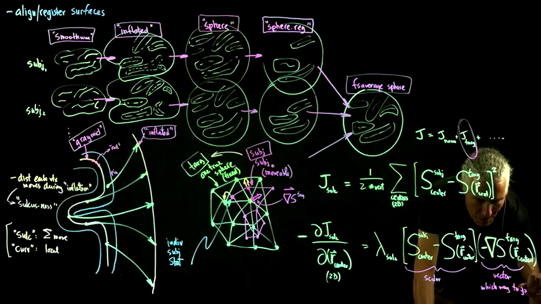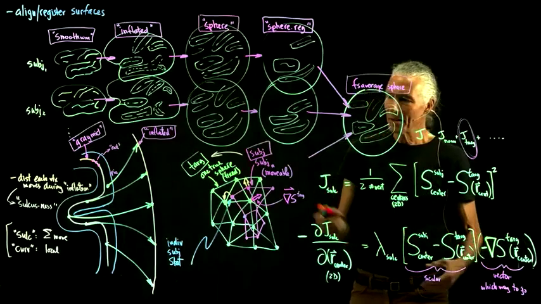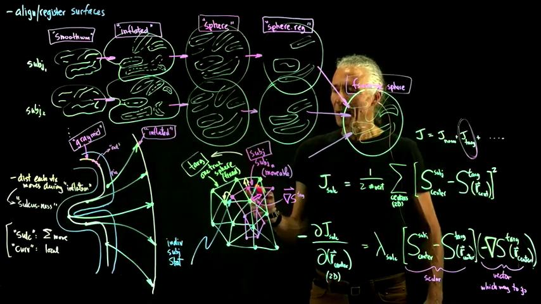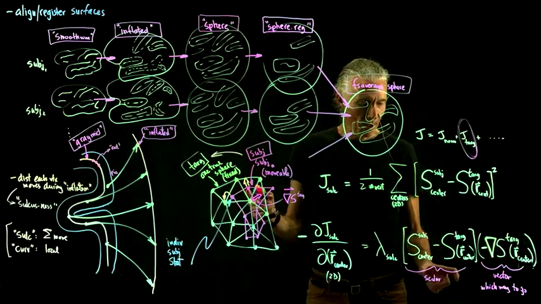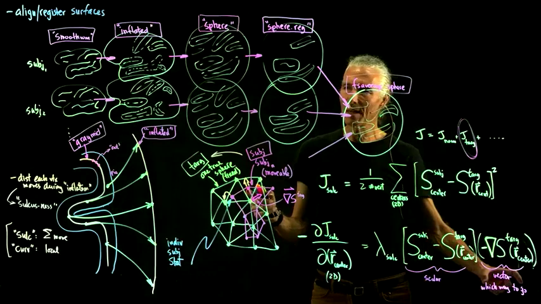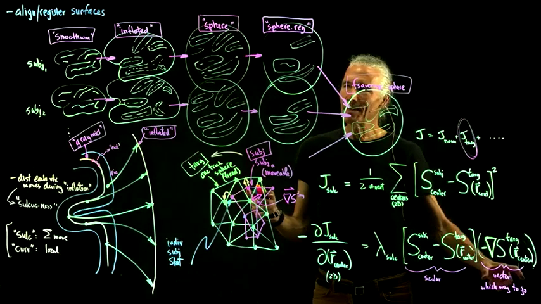It's also got an amplitude in it. The whole amount that you have to move the vertex depends, first of all, on how far off you were. But the second thing it depends on is the steepness of the actual change in the target.